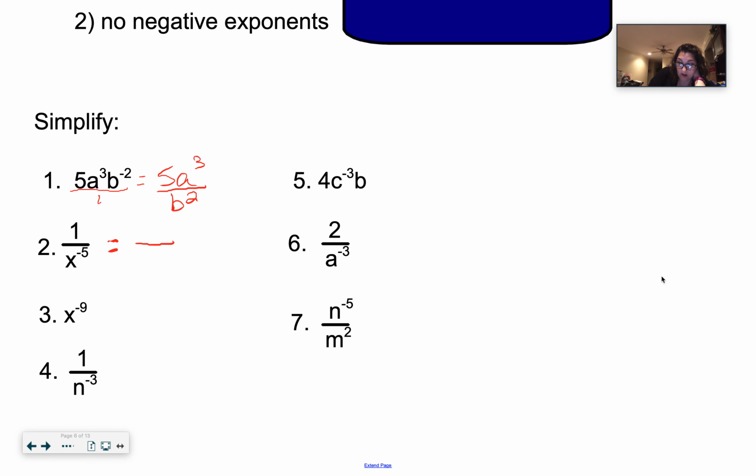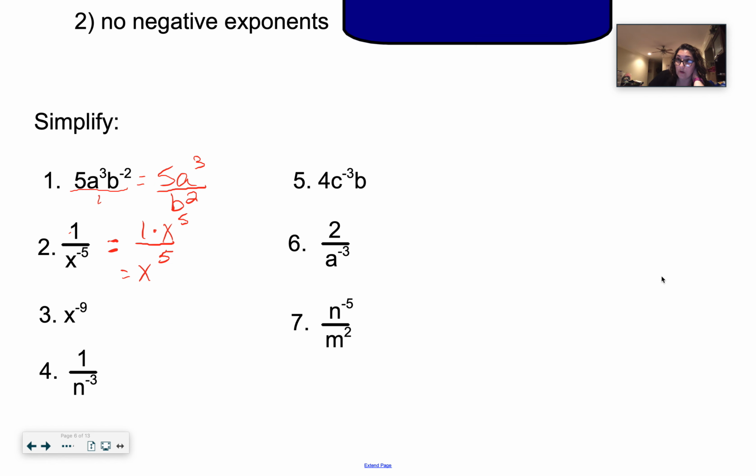So I have 1 in the numerator times x, and your negative exponent becomes positive. So that just becomes basically x to the 5th. I don't have to put the 1 there if I don't want to, but it's okay if you do. 1 times x is the same as just x. All right, so x to the 5th.